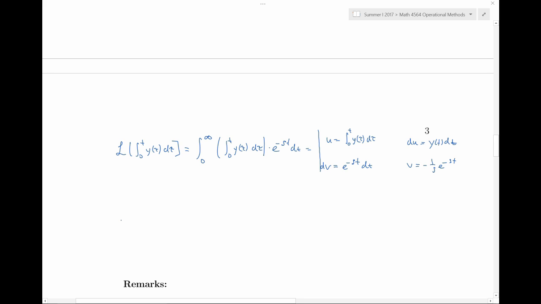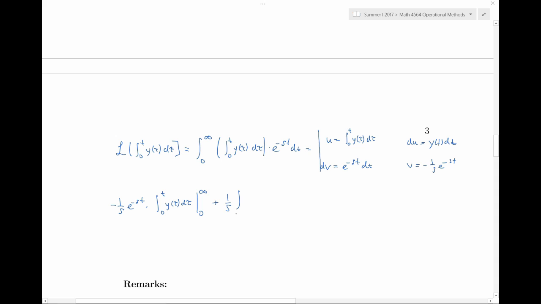With this, it changes the integral into the following: minus 1 over s e to the minus st times the integral from 0 to t of y of tau d tau. That has to be evaluated from 0 to infinity. Minus minus makes it plus.